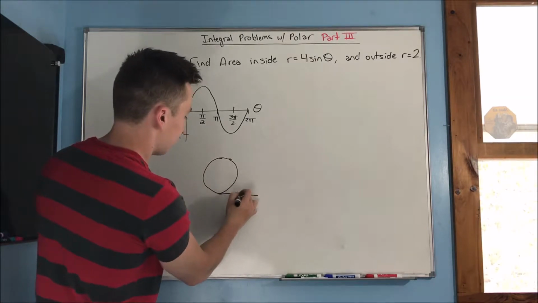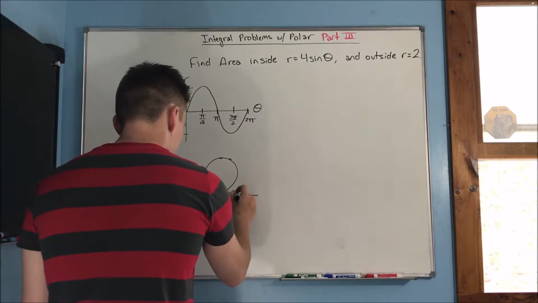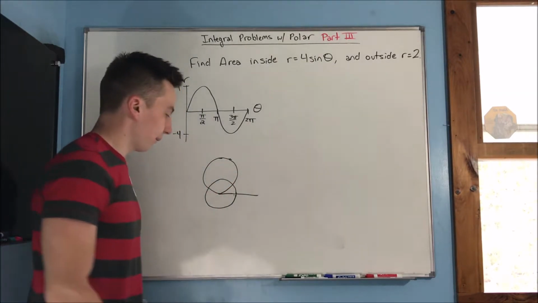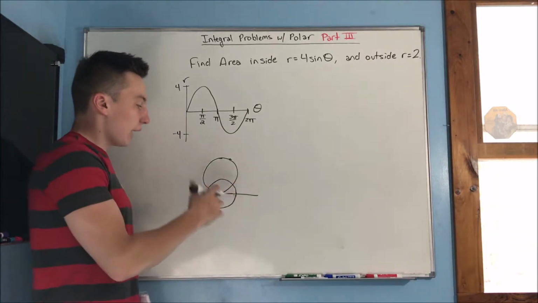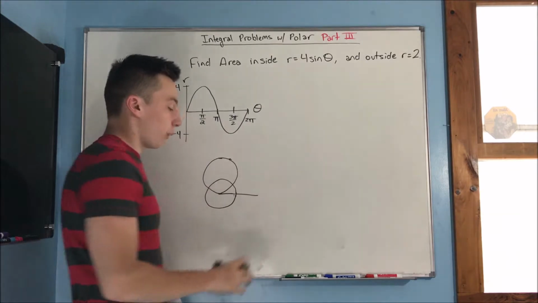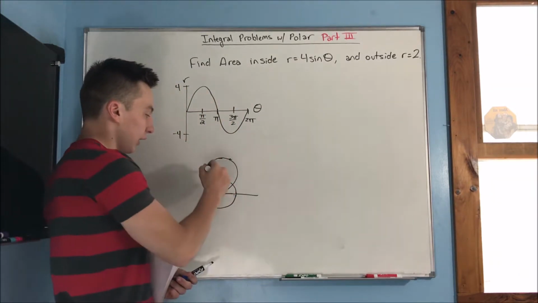Let's move it out, because it's got to be even with that. So now we have our two circles, and it's outside r equals 2 and inside r equals 4 sine theta. So the region that we're talking about is actually this region right here.